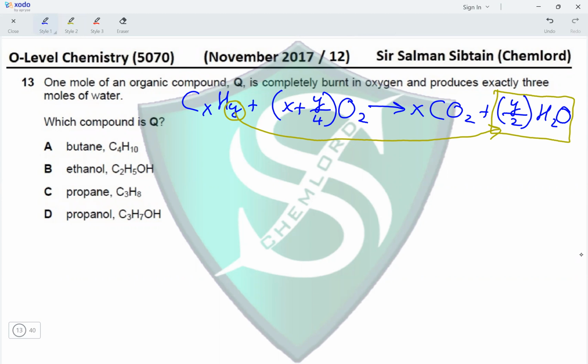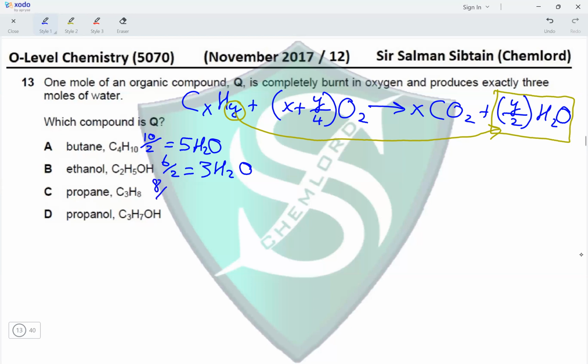So in butane, we've got 10 hydrogen. So this would be 10 divided by 2, giving us 5 H2O, 5 moles of water. In the case of ethanol, there are 5 hydrogen listed as C2H5 and 1 hydrogen part of OH. So in total 6. So this would become 6 divided by 2, which is equal to 3 moles of water. For propane, there are 8 hydrogen atoms.